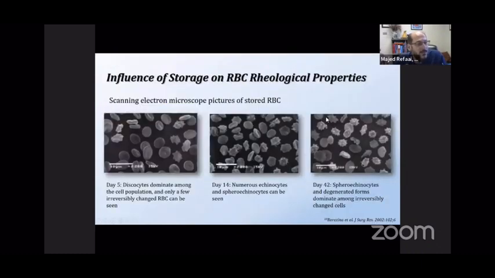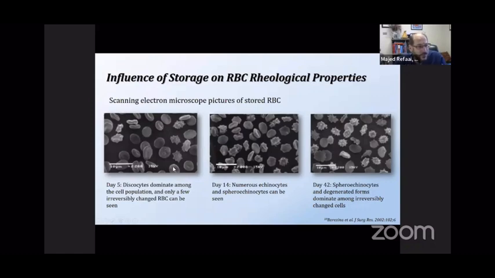If we go back to the beginning of 2002, a study was published showing the electron microscopy changes of the red blood cells during storage. As you can see at the beginning, around the first week, you can see the dominant discocyte red blood cells.